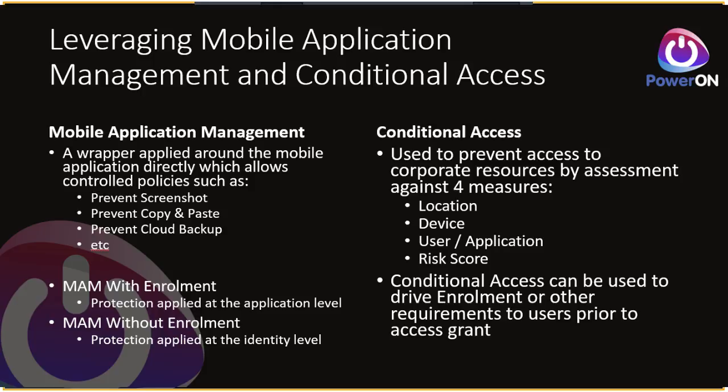Lookout is about threat detection and threat remediation. So potentially when we have a threat, we give it a risk score. That would then poll Intune, and when we set up conditional access, we can say, okay, if a device comes in with a high risk score, we deny access.